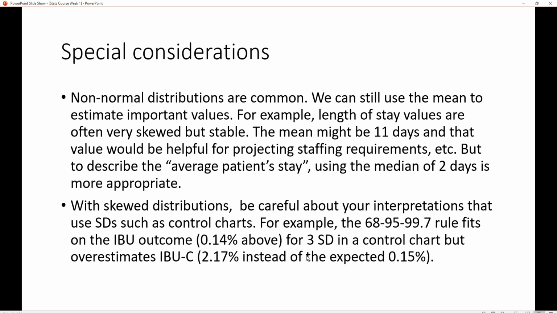So if you're using control charts, it could overestimate that. In some cases, it can cause an alert when it's not appropriate.